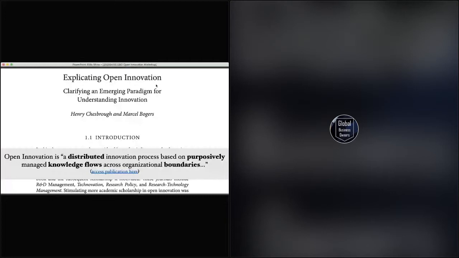Open innovation is a distributed innovation process based on purposefully managed knowledge flows across organizational boundaries. So let's dissect this definition. First, distributed. It means it's not concentrated in one place.